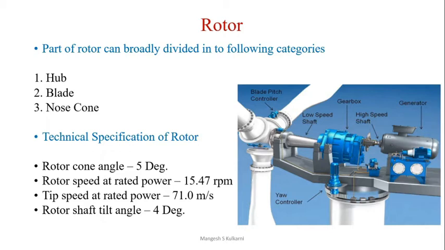Rotor cone angle 5 degrees. Rotor speed at rated power 15.47 revolutions per minute. Tip speed at rated power 71 meters per second and rotor shaft tilt angle 4 degrees.